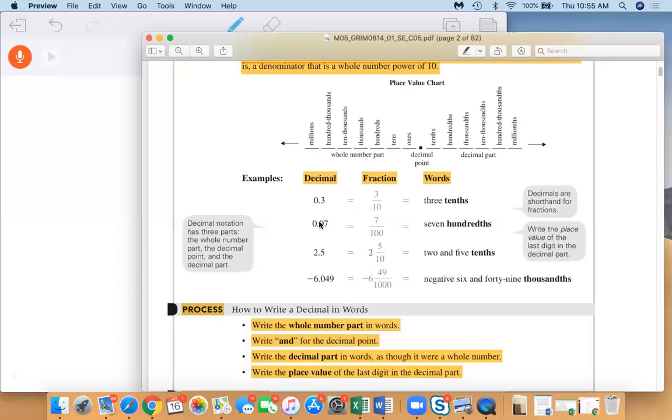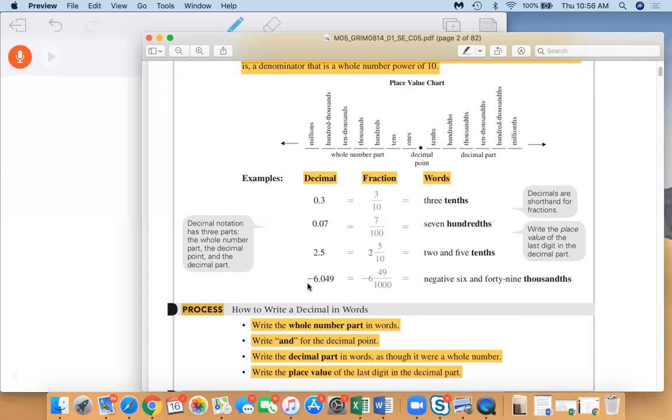Then we have 0.07, which is also 7/100 or 7 over 100. And again, if you were to read this, it would be 7/100. 2.5 is 2 and 5/10. See, that's 5 and it's in the tenths place, 2 and 5/10, which is also 2 and 5 over 10.